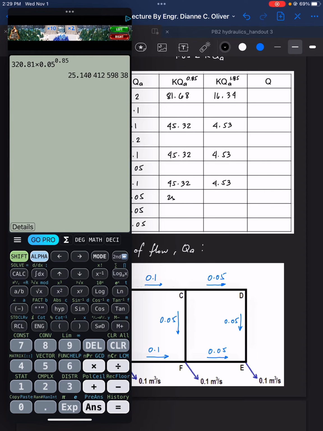So that is 25.14, and raised to the power of 1.85, that is 1.26. Okay.